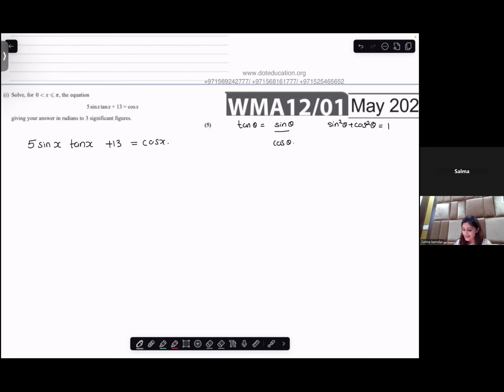What I can see is when I'm trying to solve, I will try to bring things into either complete sine or complete cos or complete tan. So let's start with tan. I would write 5 sine x, replacing my tan. Tan is sine x over cos x, plus 13 is equal to cos x.